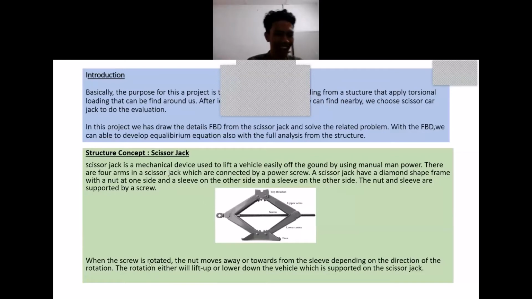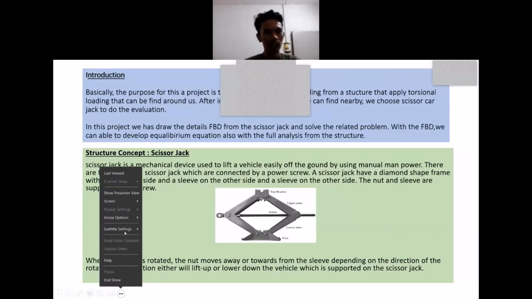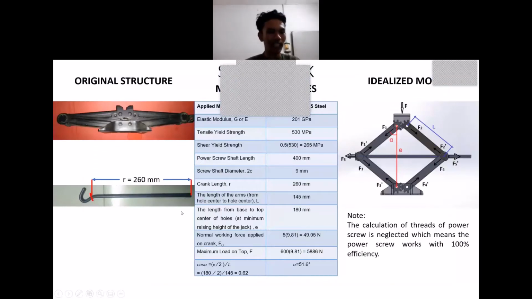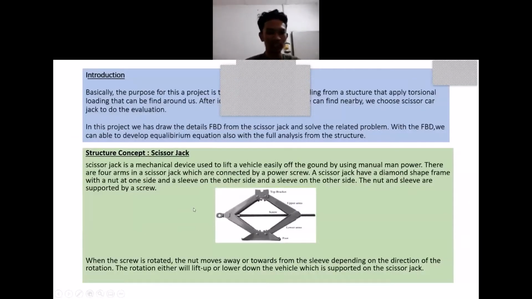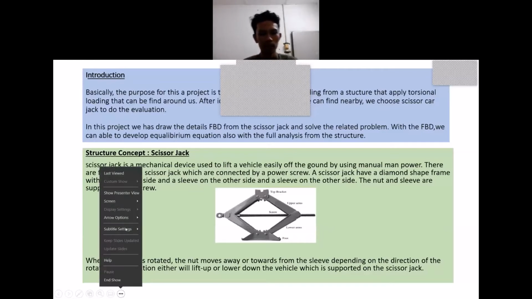A scissor jack has a diamond shape frame with a nut at one side and a sleeve on the other side. The nut and the sleeve are supported by a screw.